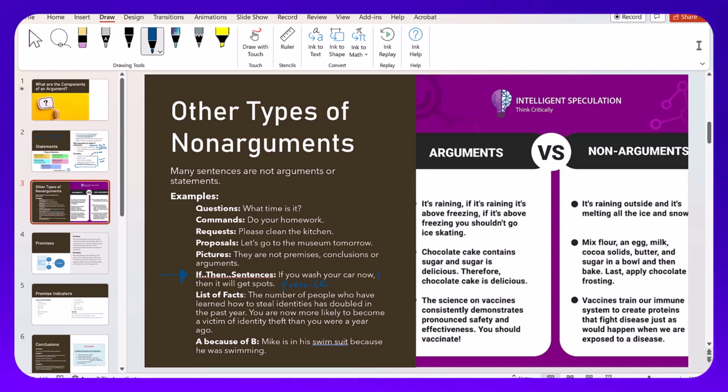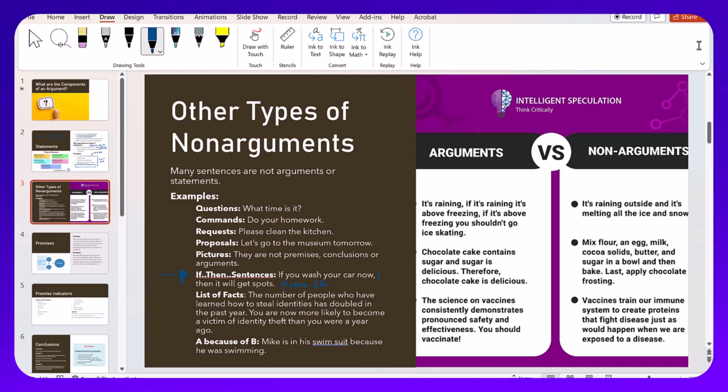But by itself, it's not enough. If you wash your car now, then it will get dirty right away, or if you wash your car now, it will get spots, is not enough for an argument because there's no conclusion. But if you wash your car now, then it will get dirty right away. Therefore, you should not wash your car right now.